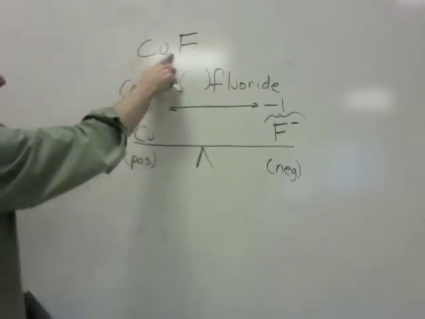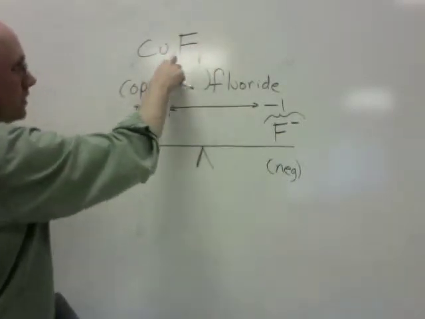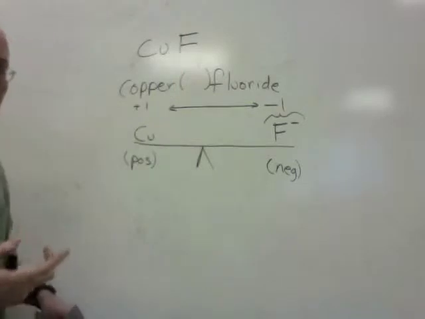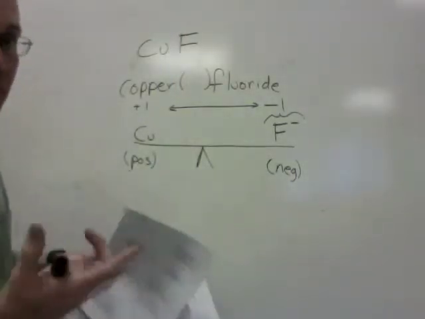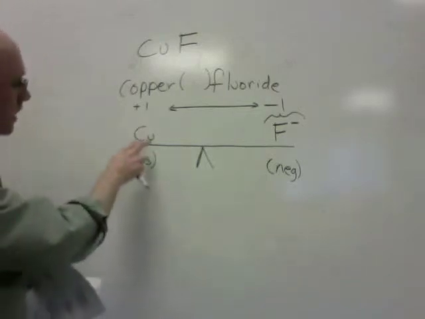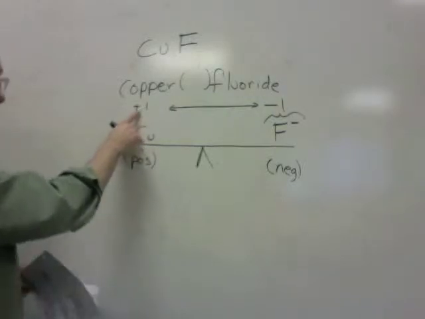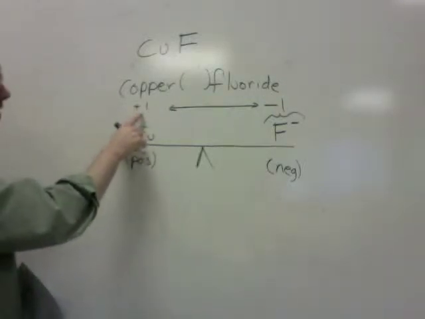Even though the ones are not drawn in here, whenever you have a formula where there's no number after it, you assume that there's only one of it, just like H2O. That means 2 hydrogens and 1 oxygen. So there's 1 copper, and that 1 copper has got to come up with a total of +1 charge.